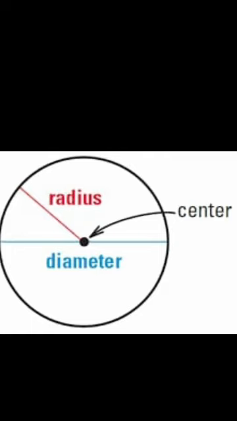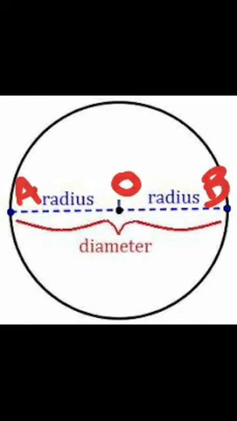Now we have read about the center of a circle, radius of a circle and diameter of a circle. Do you know there is a relation between the radius and the diameter of a circle? Let us find out the relation. Now, this is a circle with center O and diameter AB. And how is AB formed?